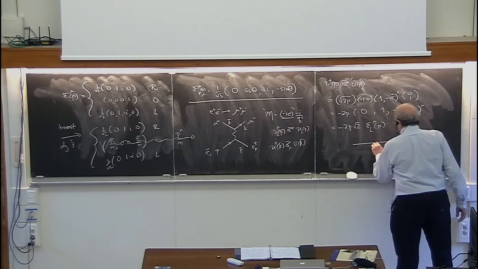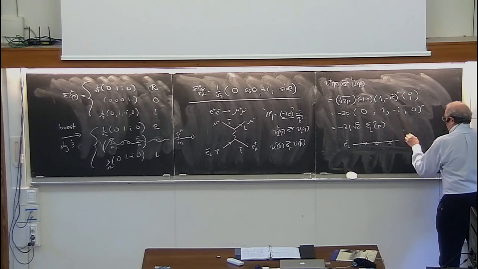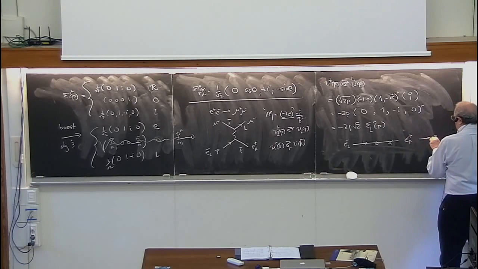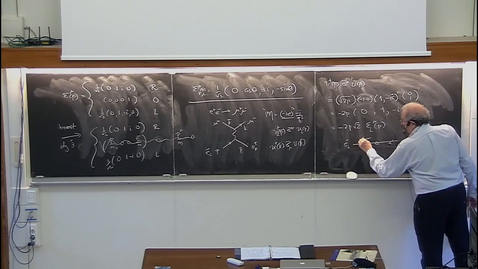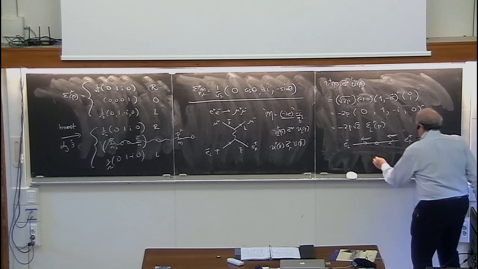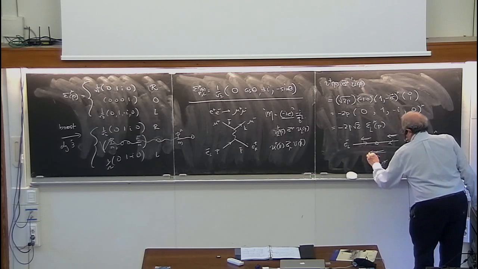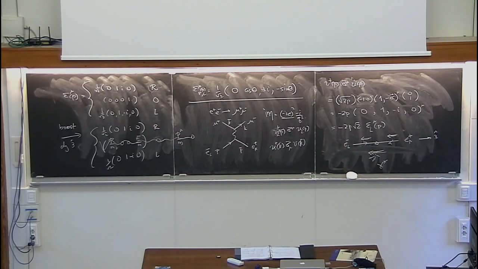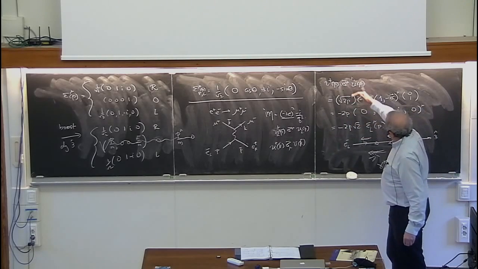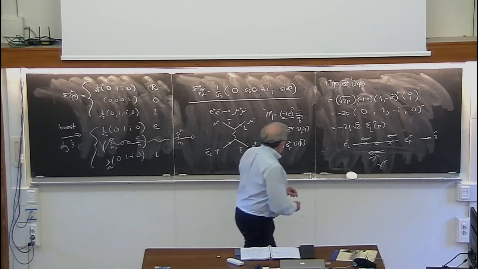And this is all pretty easy to understand. If I have a left-handed electron and a right-handed positron that are coming in along the 3-axis, this guy has half a unit of spin in that direction. This guy has half a unit of spin in the same direction. And so when we end up with a virtual photon, it has 1 unit of spin in the left-handed sense.